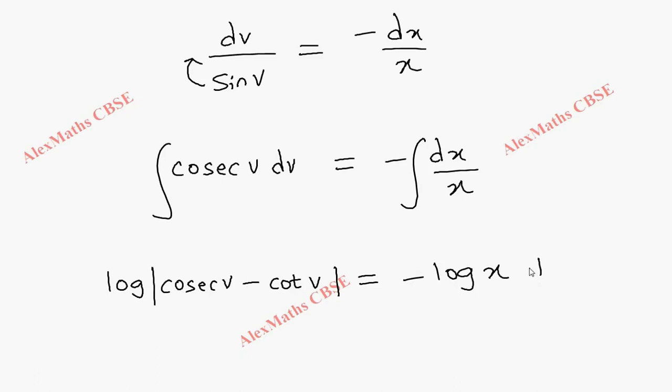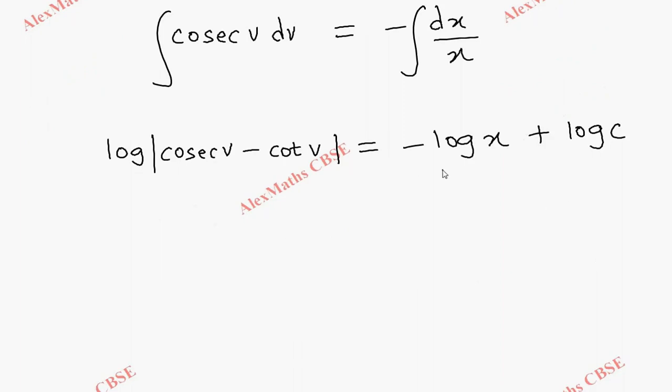Since both are log, we can take, instead of a constant c, log c. So now this log terms can be combined. This can be written as log c minus log x, that is log a minus log b is log a by b.